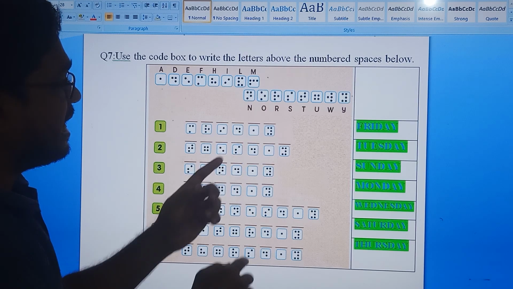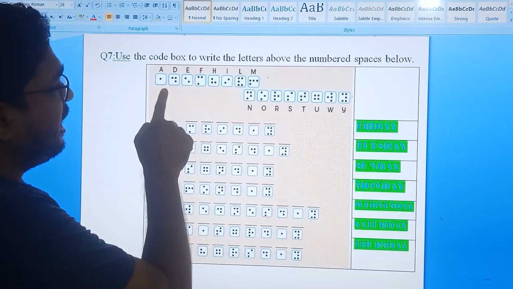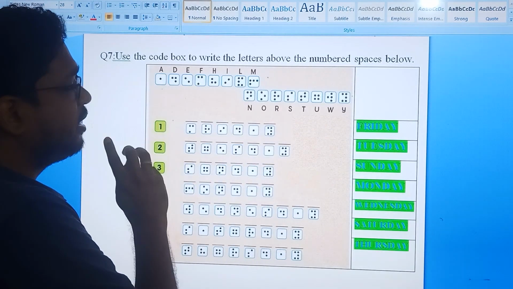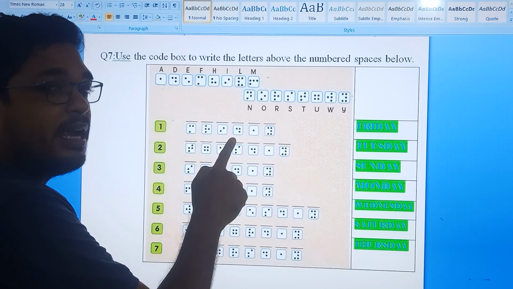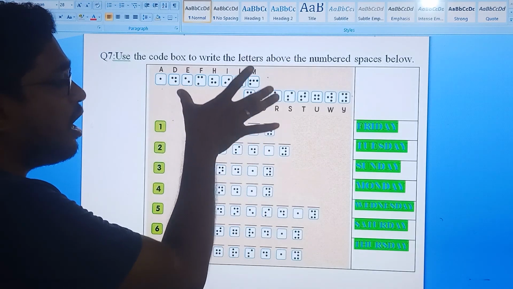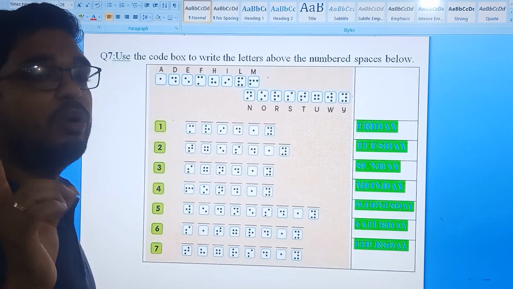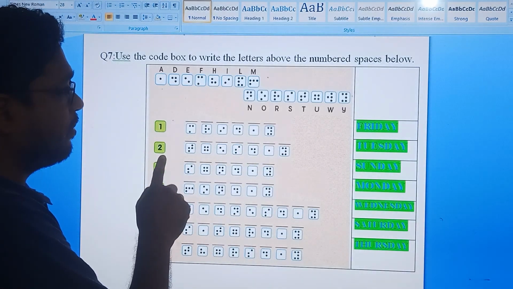This is D. And a single dot is A and Y. So what do you decode? Friday. Here all the words are days of the week. It's Friday. Like this. Come to the second question.